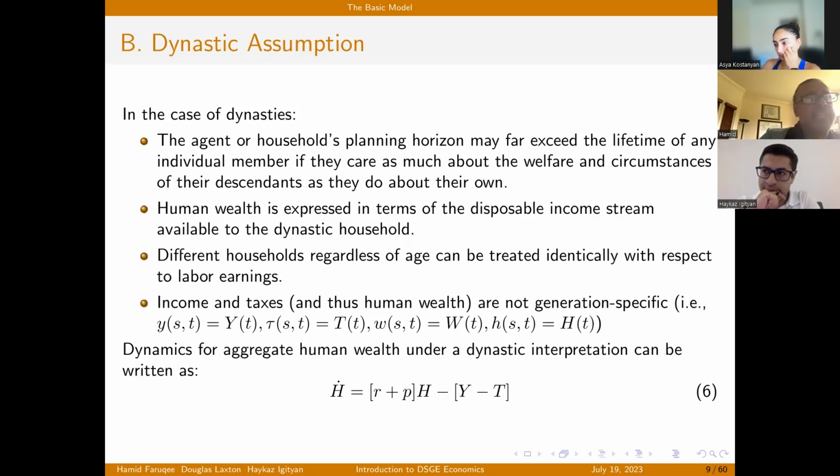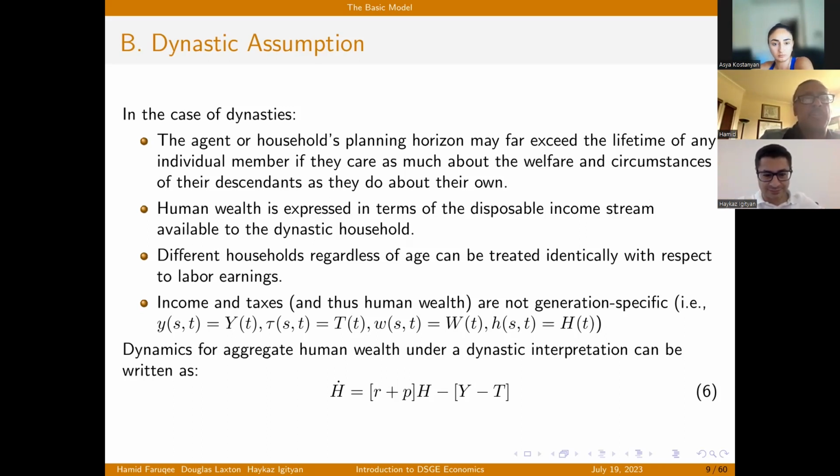So you can drop the S, the generation index, and each generation will earn the same amount, and because of the assumption about the size of the population, you have this result that individual dynastic household income is just equal to the aggregate income, and the same thing on the tax side.